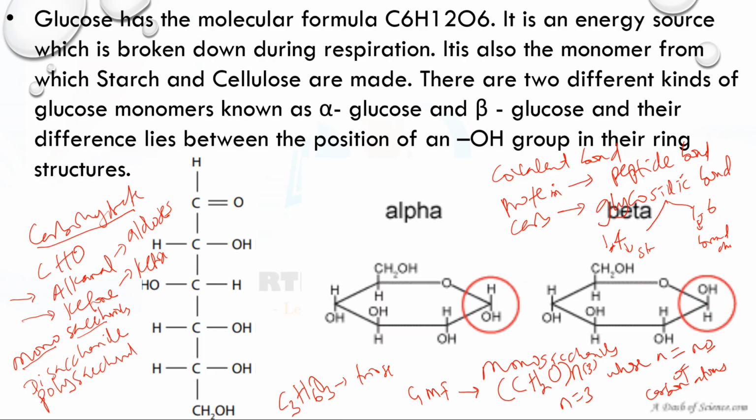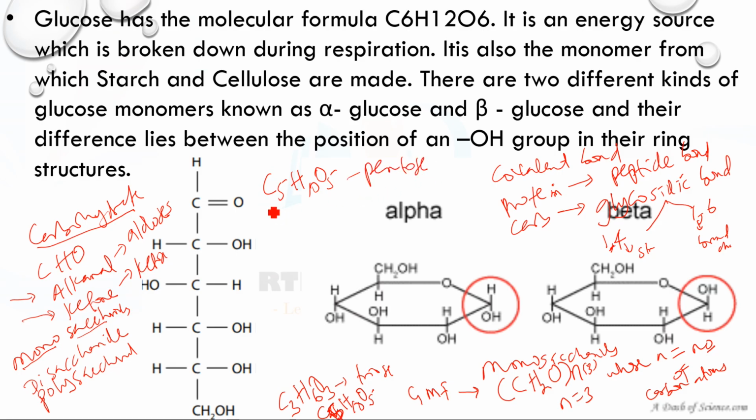Now if N is 5, it's going to be C5H10O5. This C5H10O5 is a pentose.